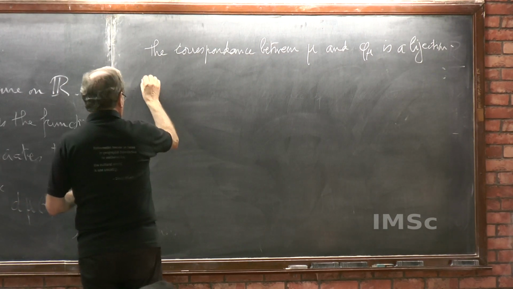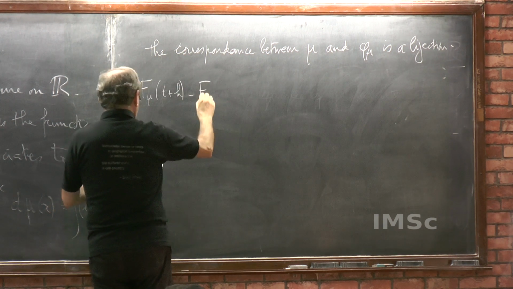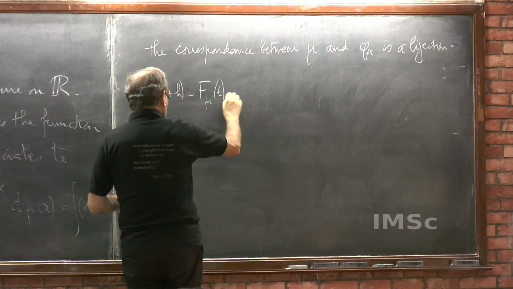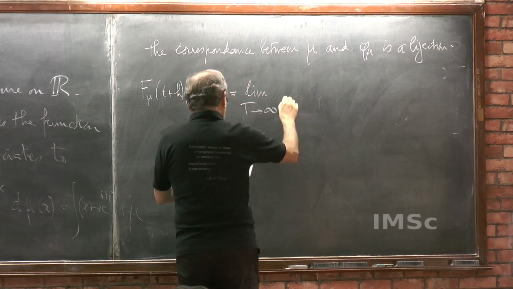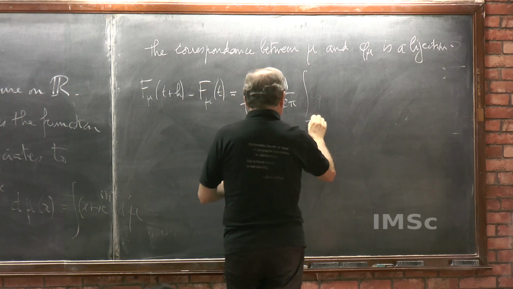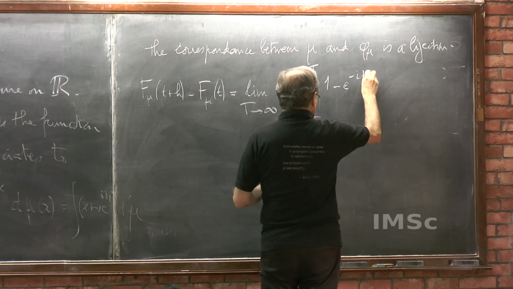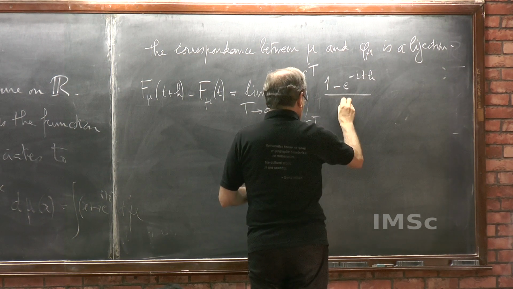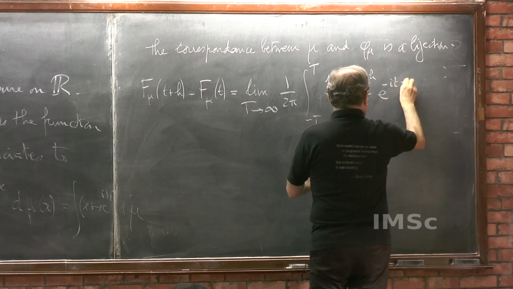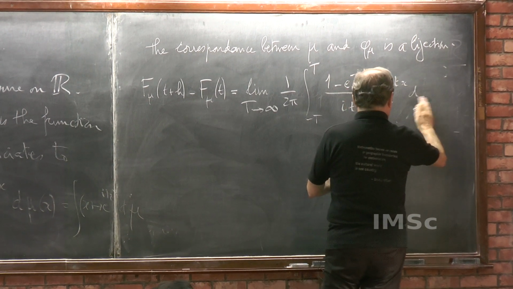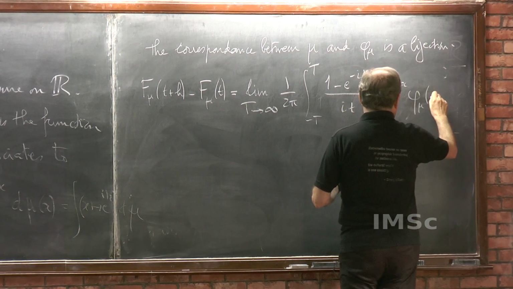You will have the following: phi mu, f mu of t plus h minus f of t is equal to, I am not going to prove it, the limit when T tends to infinity of 1 over 2 pi, the integral from minus T to plus T, a symmetric integral of course, of e to the minus itx divided by it, d phi mu of x dx.